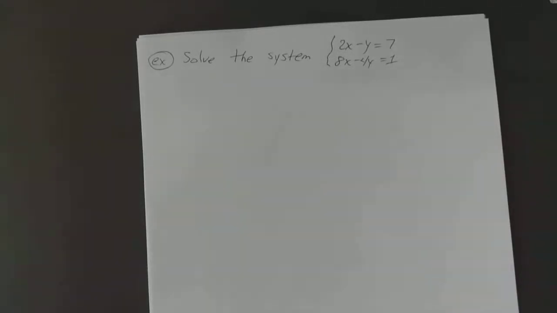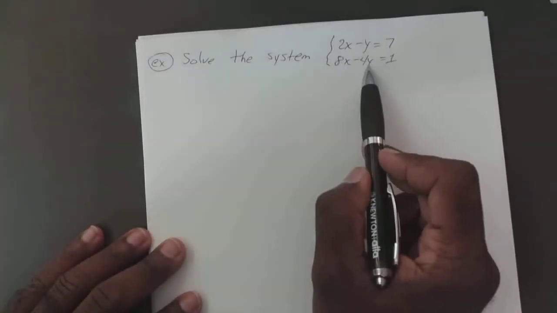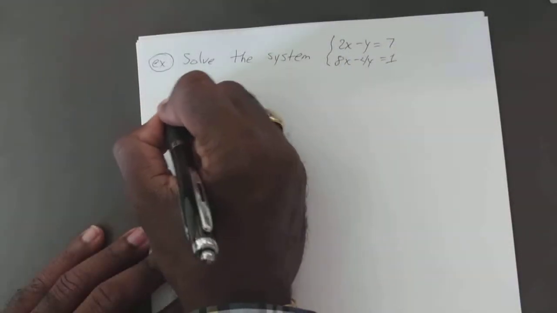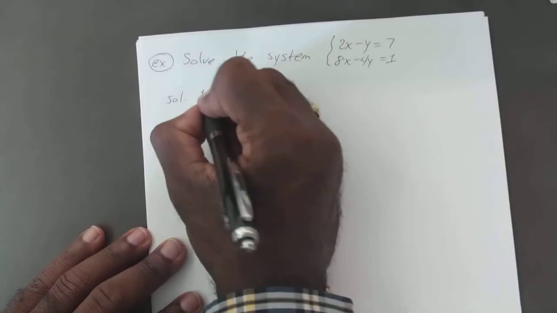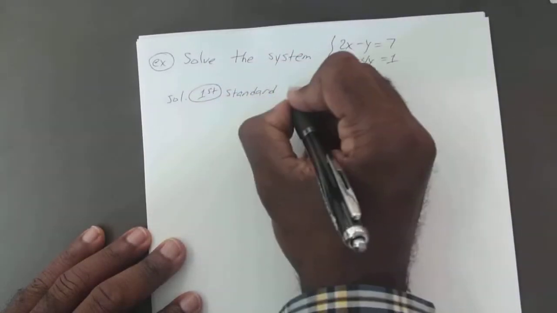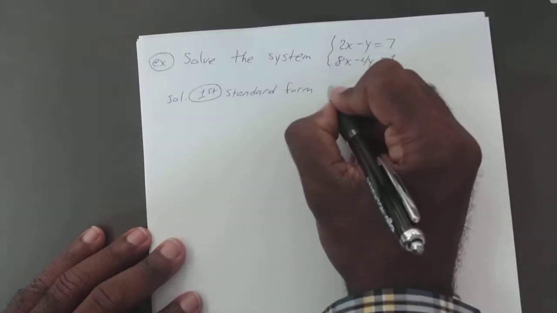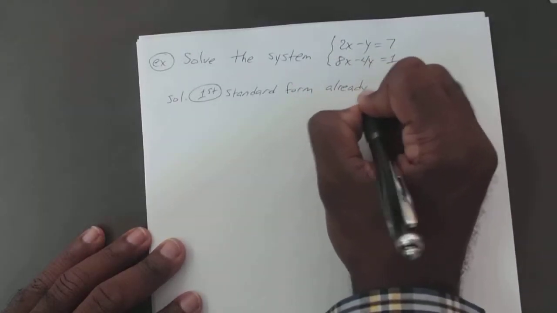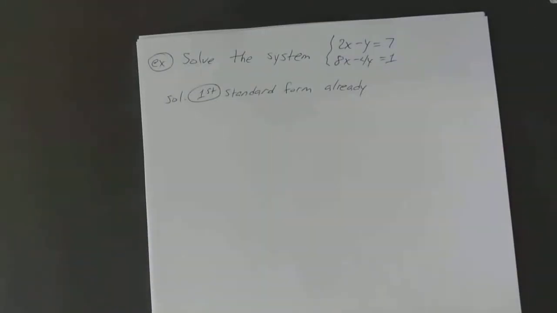Now we already have the first one out of the way. It's already in standard form. All the variables are on one side. So standard form already. So we don't have to do anything there.